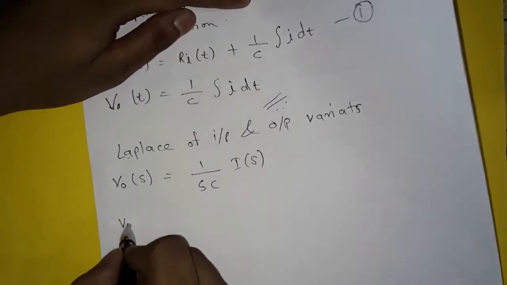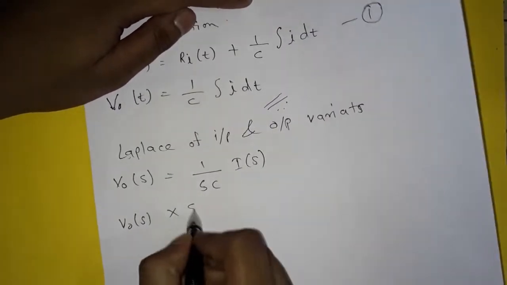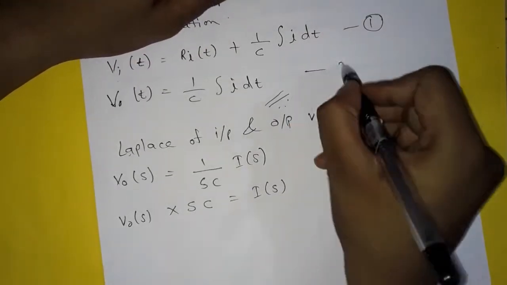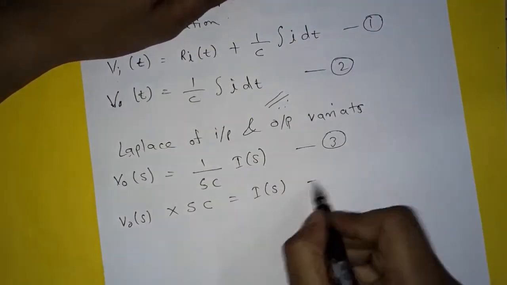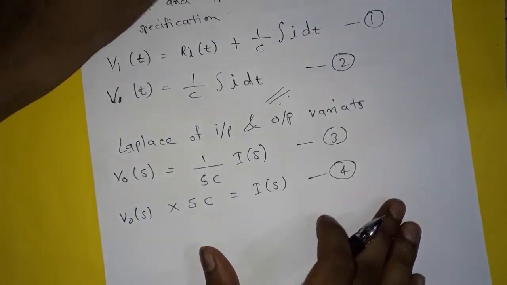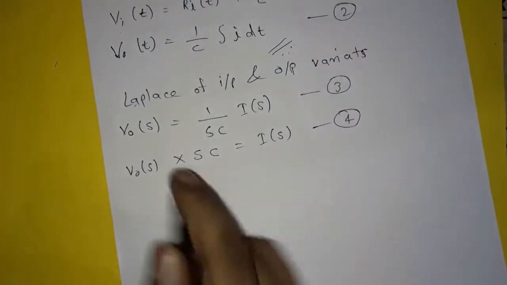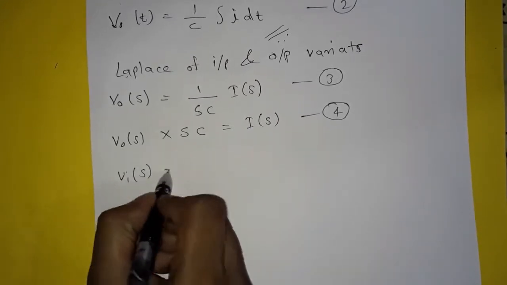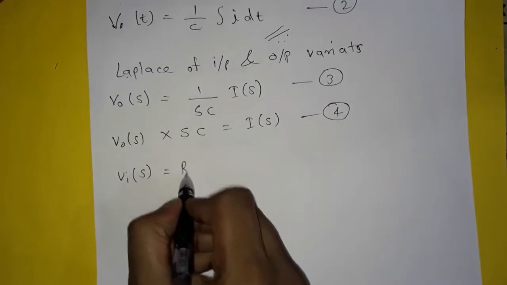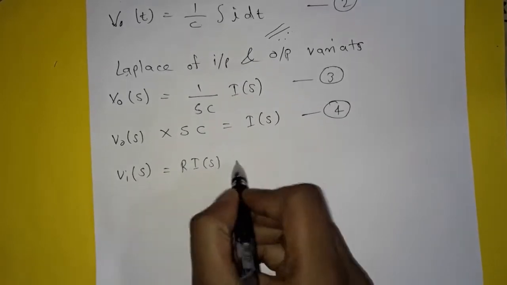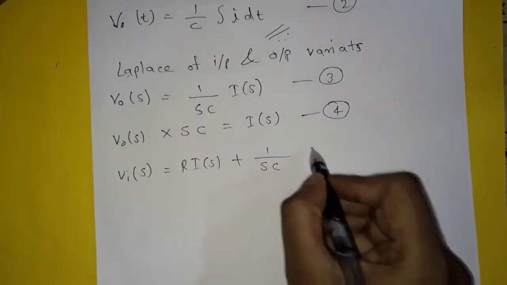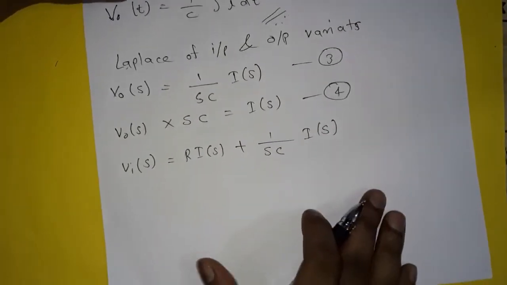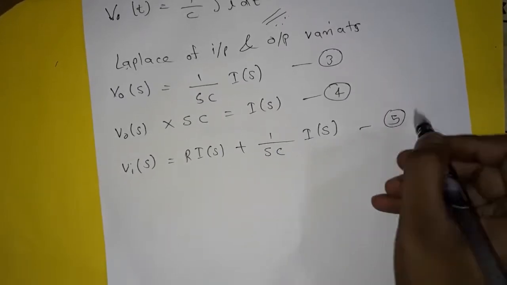So Vo of s into sC is equal to I of s. This is our second equation, this is third equation, this is fourth equation. Now for input variable, Vi of s is equal to R into capital I of s plus 1 upon sC into I of s. This is equation number 5.